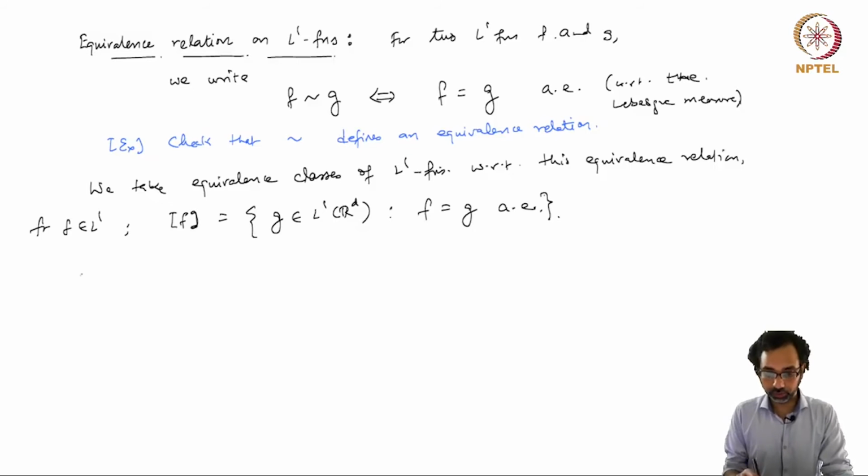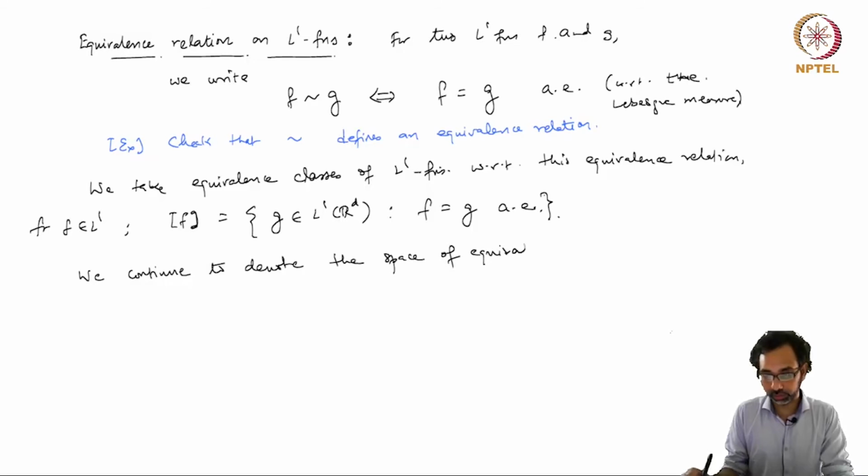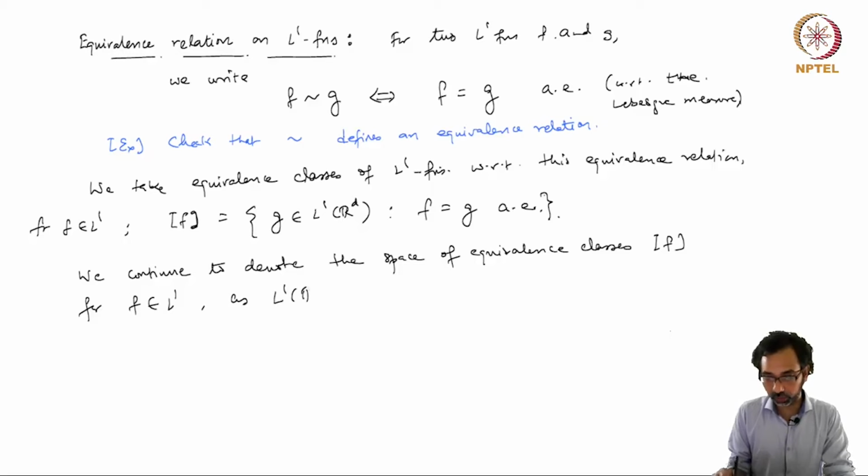So rather than using a new notation for this new space of equivalence classes, we continue to denote the space of equivalence classes of L1 functions as L1 of R^d.